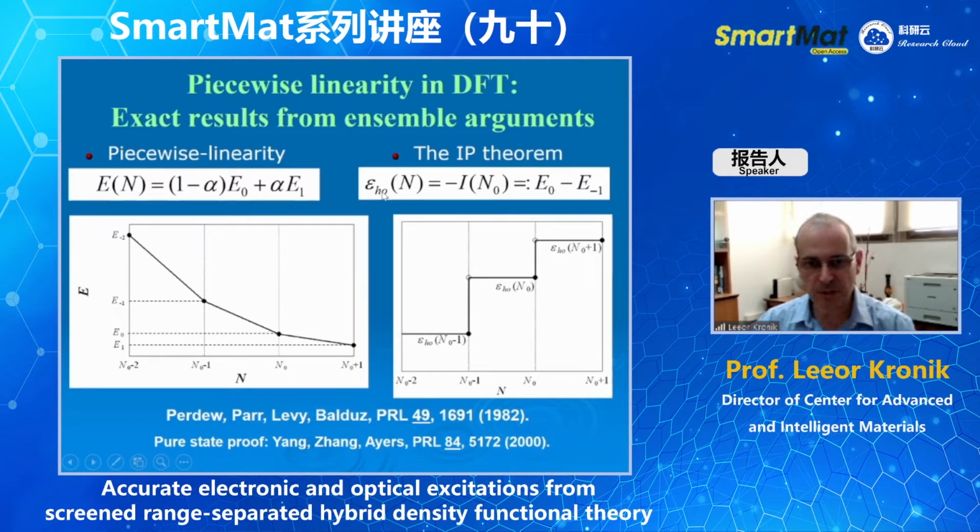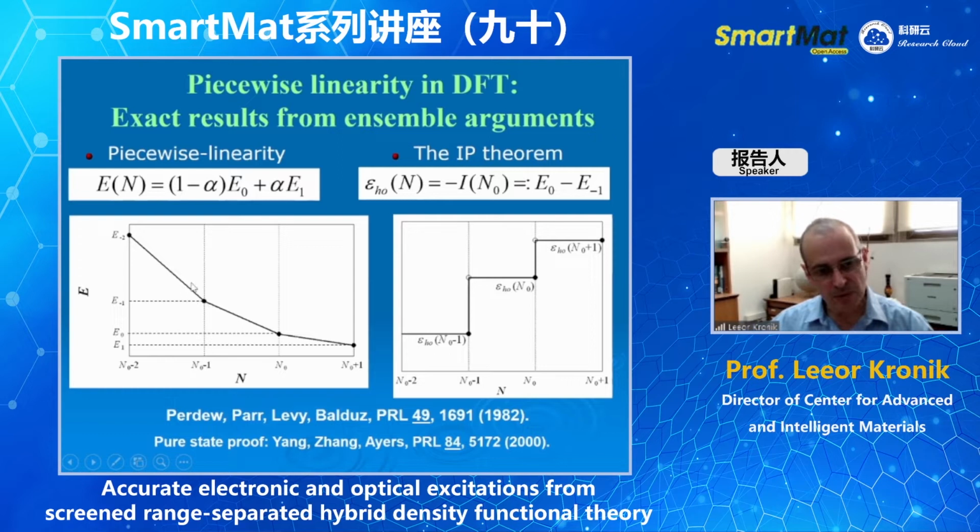And most importantly, the HOMO energy in the exact functional should be just the slope here. And the slope here is just how much energy it costs me to take out an electron. So that means, and that's the ionization potential theorem, that the highest occupied eigenvalue in the exact functional should be exactly minus the ionization potential energy. And again, this is an exact result. It's not an approximate result. So that's one thing that we will use later.